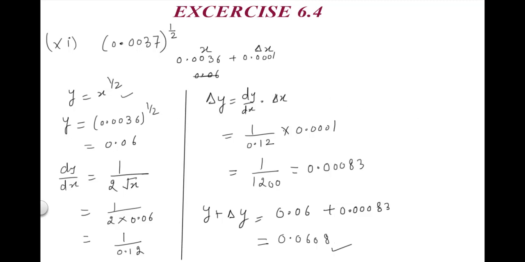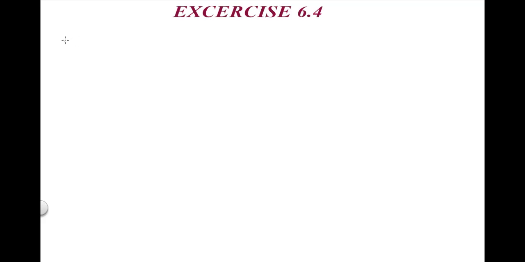In the 14th part of question number 1, it is asked to solve 3.968 to the power 3 divided by 2. It's not 1 divided by 2. Now to solve this, you see you have 2 in the fractional power in the denominator.